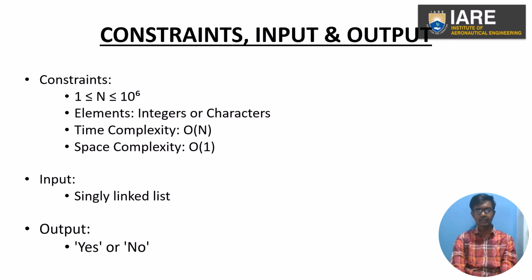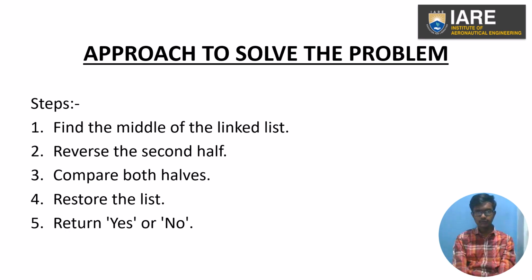The time complexity is O of n, the space complexity is O of 1. The input, as discussed before, is a singly linked list, and the output, as discussed before, is either yes or no. So this is the explanation of the constraints, input and output expected in this problem given to me.